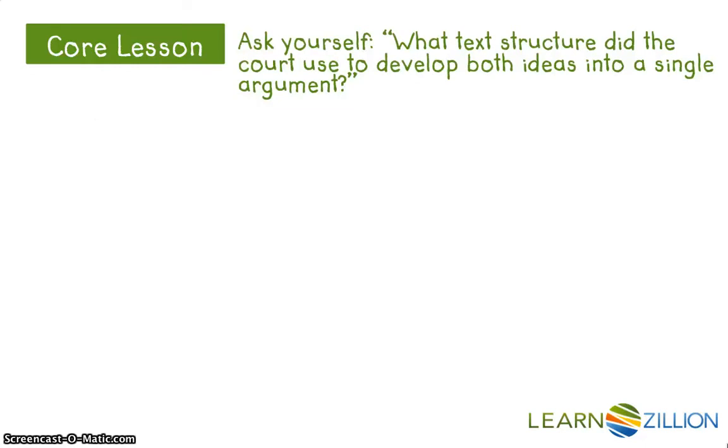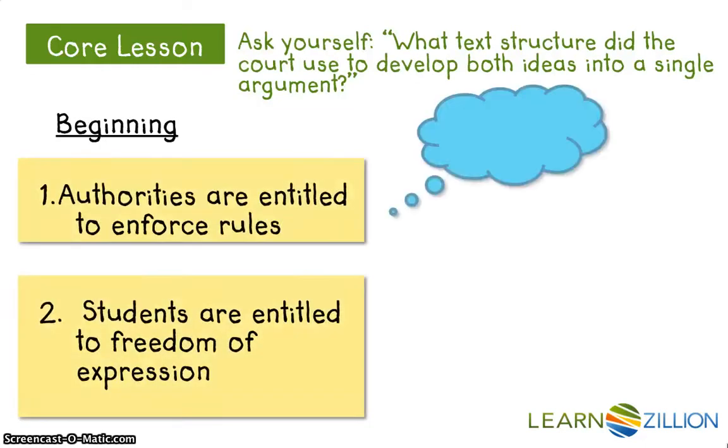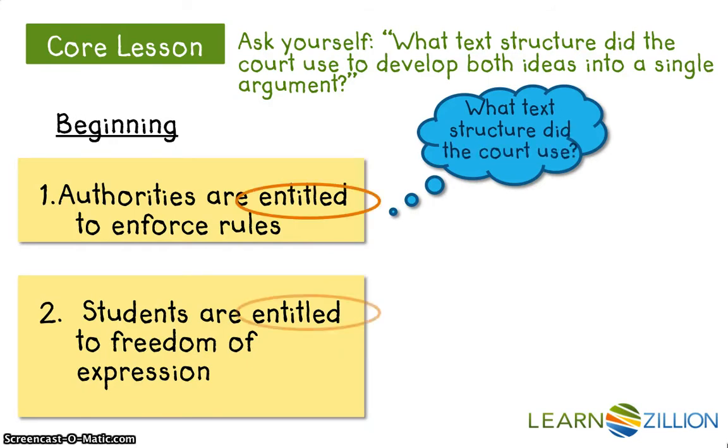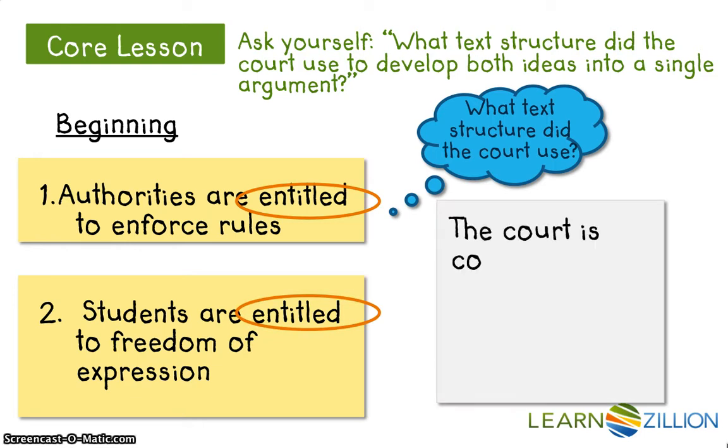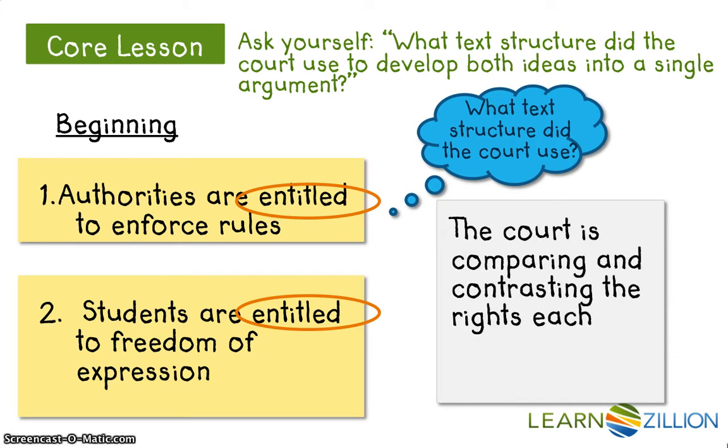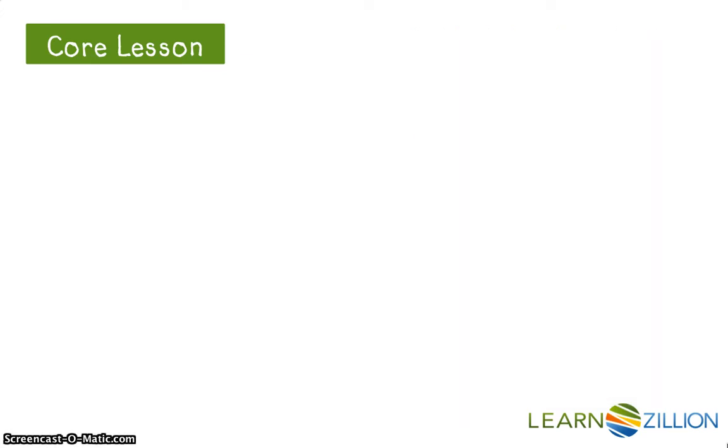So, what text structure is the author using in the beginning of the text? Well, I noticed that the author is talking about what both authorities and students are entitled to. So the text structure that seems to be in play here is compare and contrast. The court is comparing and contrasting the rights each side is entitled to.